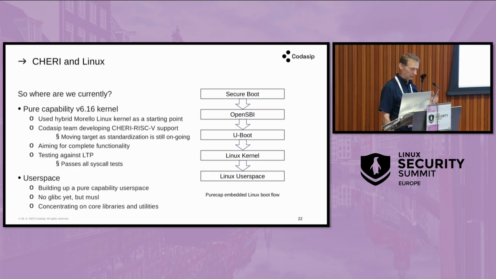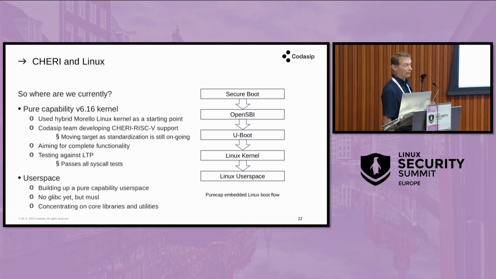There was an original proof of concept port to CHERI sponsored by Huawei. So they sort of proved it would work with Linux. On the Morello project, they developed a Linux kernel as well, though theirs was slightly different in that they used, as I mentioned, hybrid mode earlier. So most of the kernel was still running with integer pointers, but the syscall layer was running with pure capability mode.